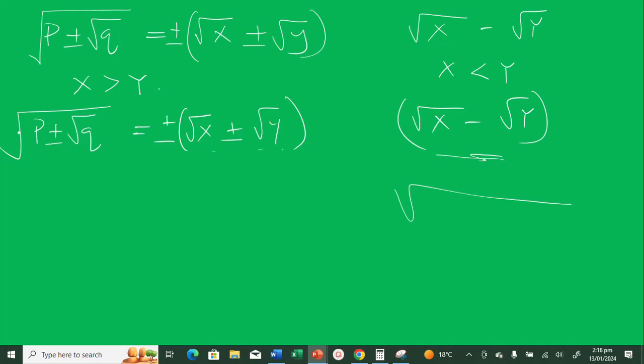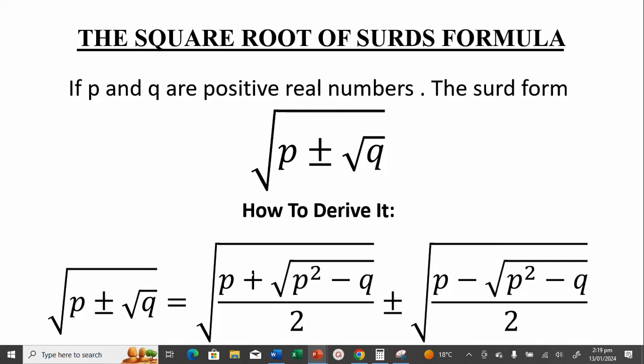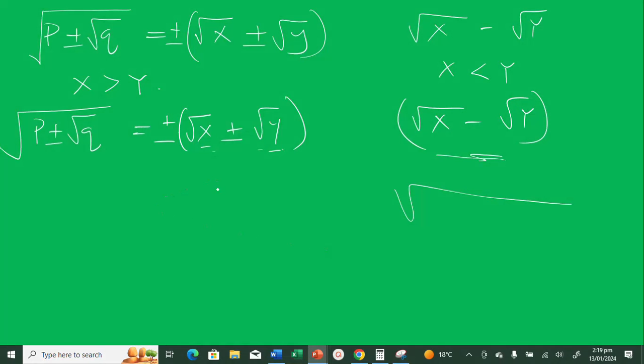So the square root of P plus or minus the square root of Q is assumed to be this. Now, in this expression, we are supposed to solve for x and y in order to derive this formula.